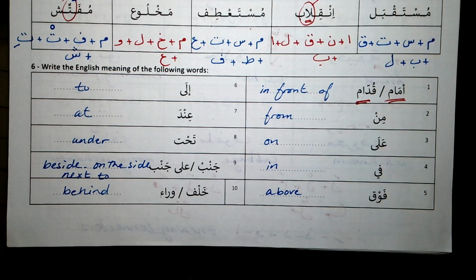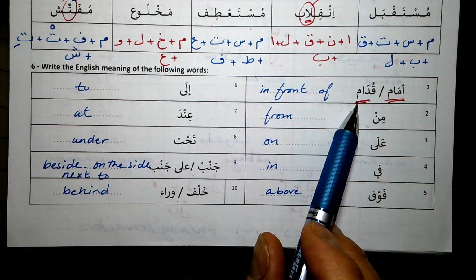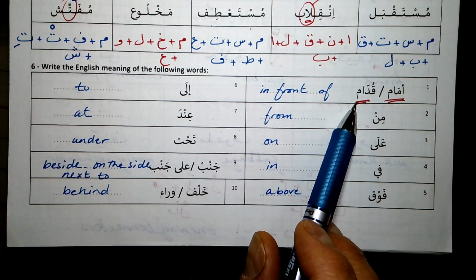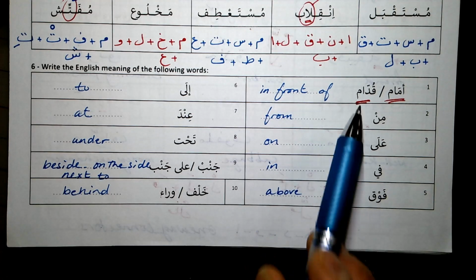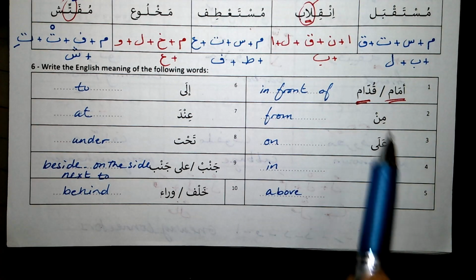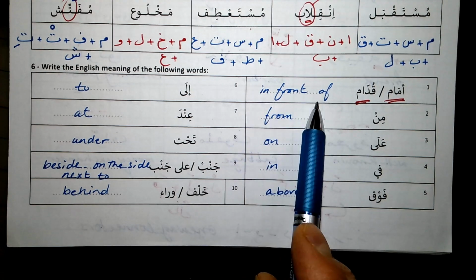Now amam is more formal. قدام, they use it more in spoken Arabic, and some pronounce it as قدام or إدام, and some pronounce it as قدام, depends on where you're from. أمام, قدام, in front of.